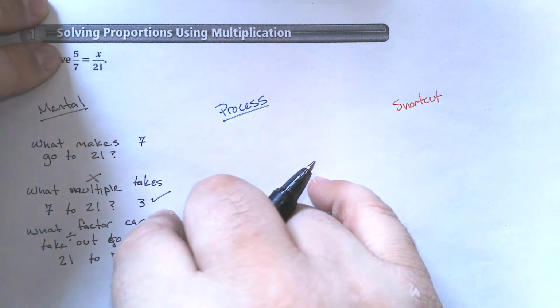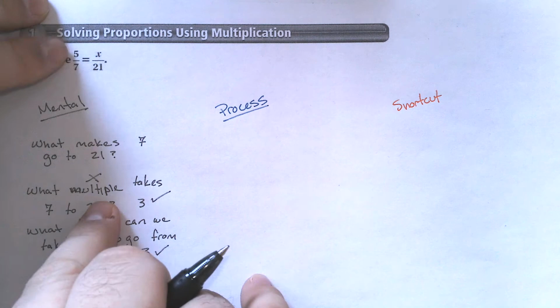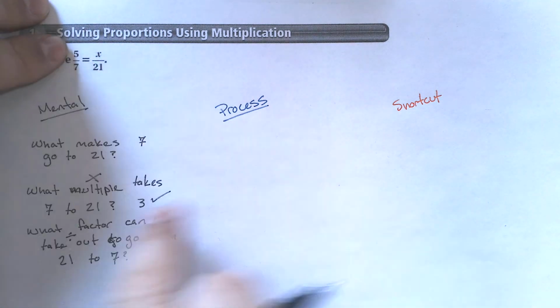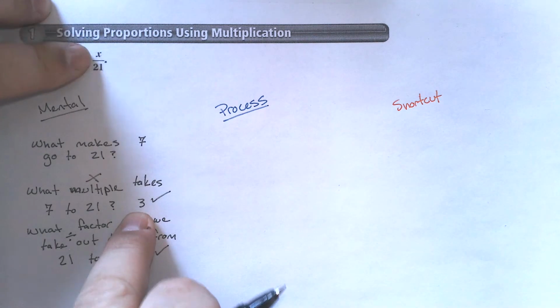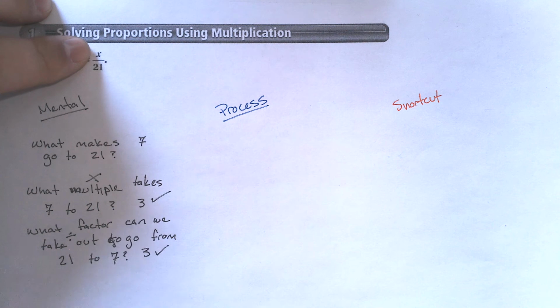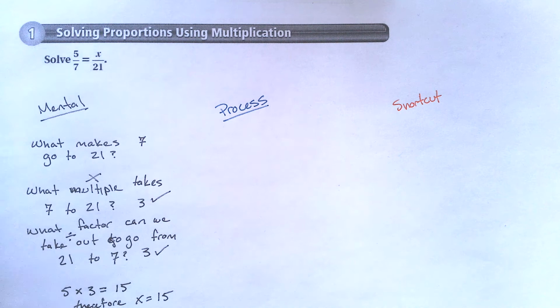It's easier if I go back up here to multiply and say, okay, if I read left to right, 5 times 3 is, and then replace that x with whatever it is. So that's 5 times 3 is 15. Therefore, x equals 15.